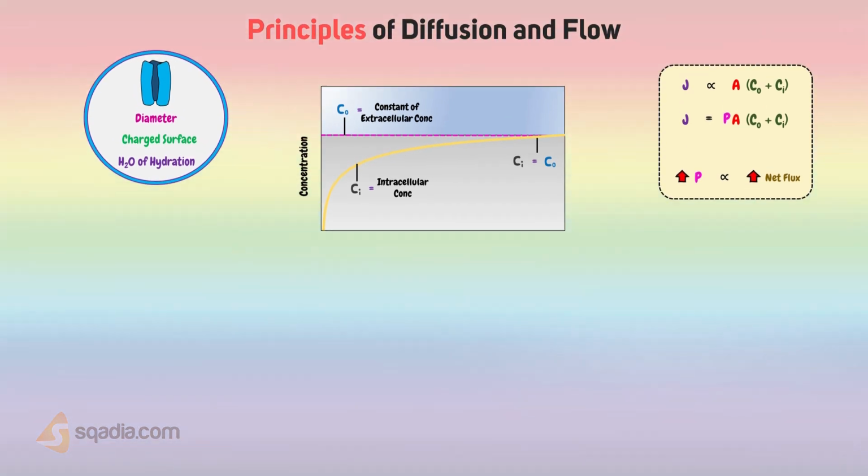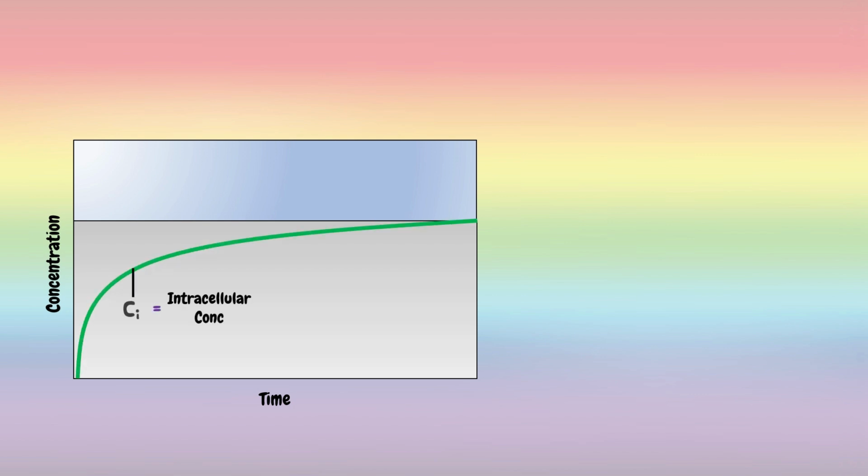To understand this, the graph shows the increase in intracellular concentration as a solute diffuses from a constant extracellular concentration until diffusion equilibrium is reached across the plasma membrane of a cell.